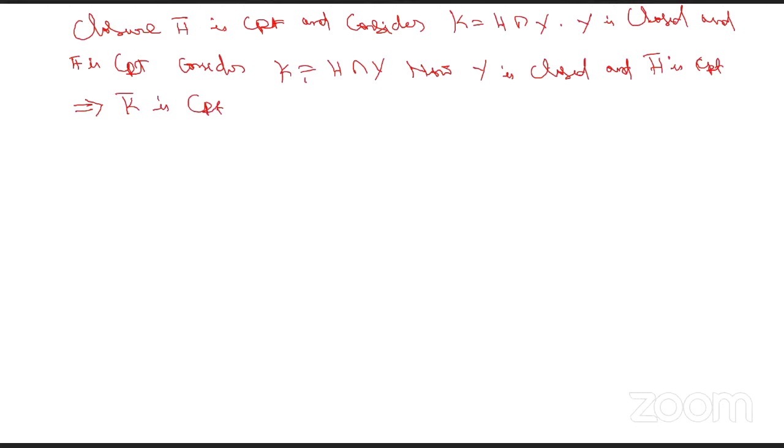And hence Y is locally compact. This completes the proof.